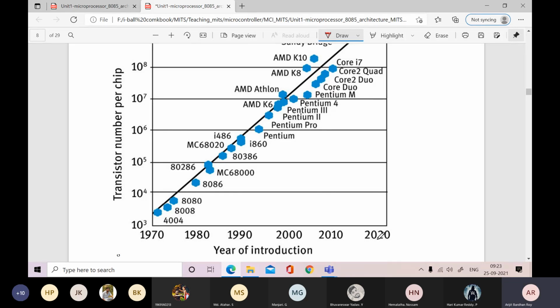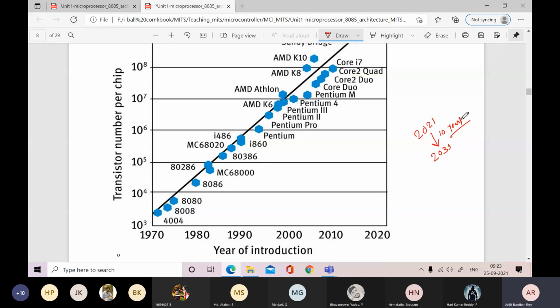If I want to develop one particular electronics device, suppose in 2021, and I want to develop this device in 2031, during these 10 years, how much electronics I have to introduce into this device, it is stated by Moore's law.